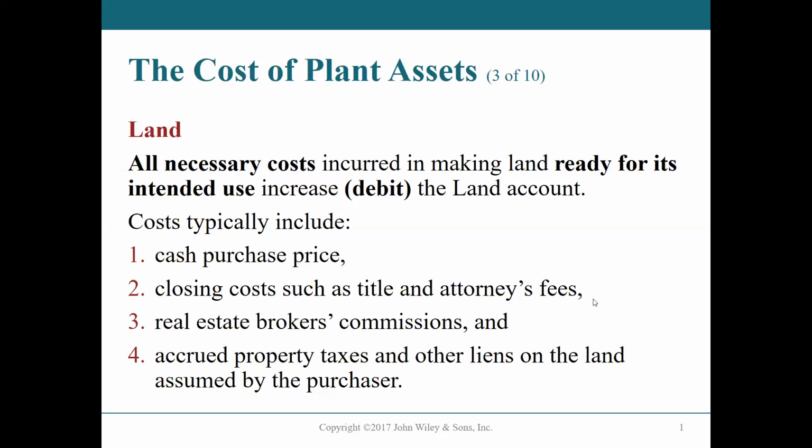So instead, what I have to do is spread the cost of the asset out over the next 30 years and recognize a portion of it as an expense over the next 30 years. And that's what depreciation is. It's the process of recognizing the cost of an asset as an expense over its useful life.